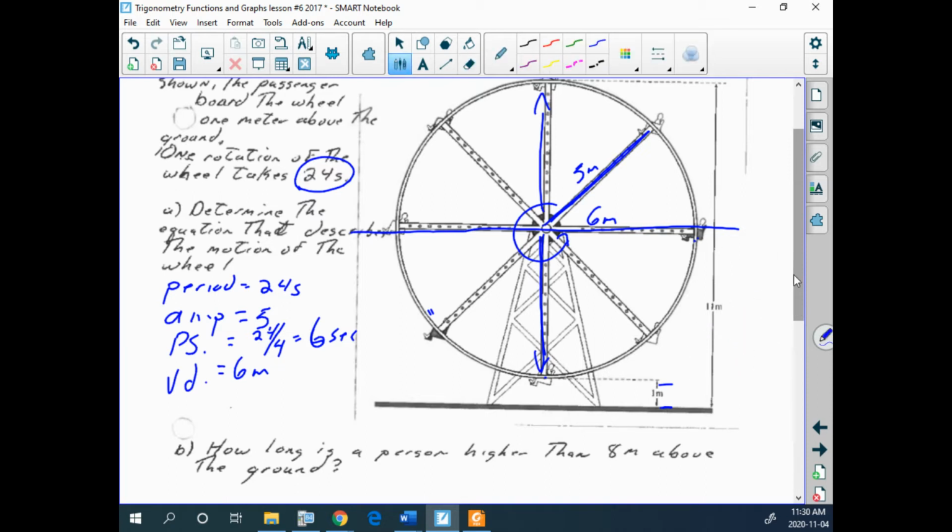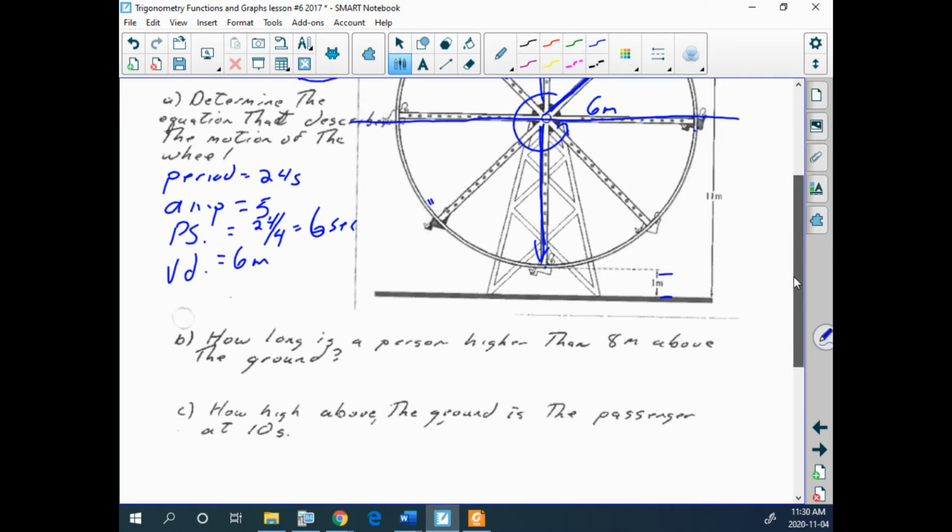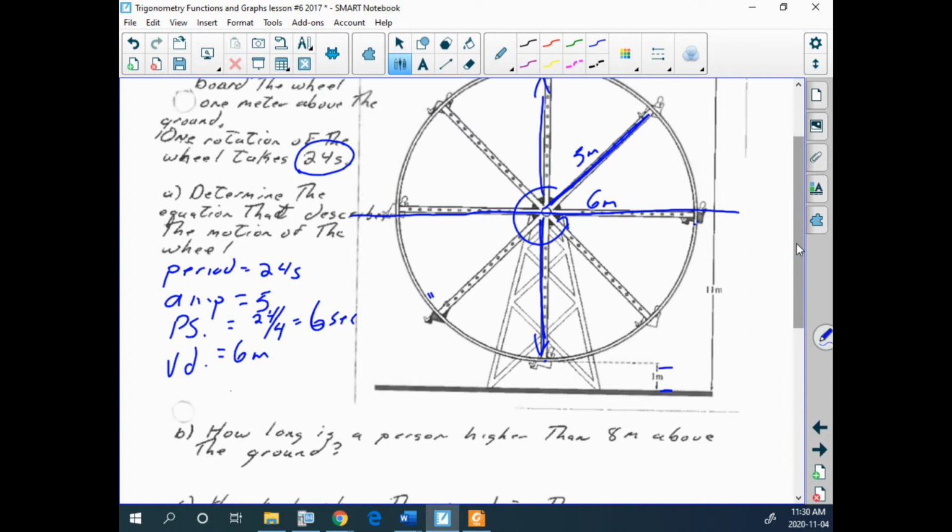So, we found amplitude, and the period was given to us. I'm going to make a mistake. The amplitude we had to find, it's the radius of the circle, the Ferris wheel in this case, because you can see again his maximum displacement is 5 above the vertical displacement.